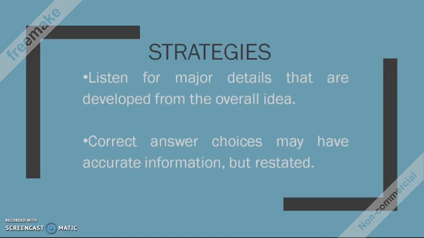So the correct answers may have the information stated in other words, but they always will tell the same purpose or the same information that was told in the listening. The rest of the answer choices may have inaccurate information.